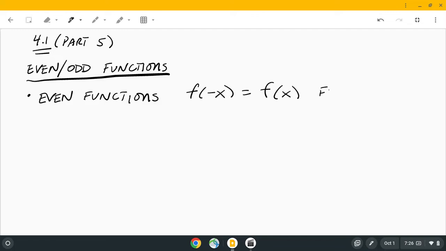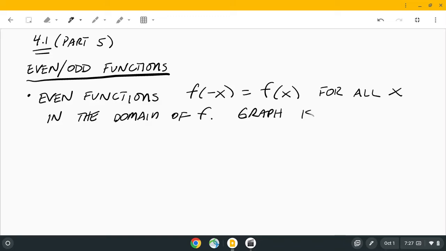And this is true for all the x's, not just for some, so for all x in the domain. For even functions, the graph is symmetric about the y-axis.